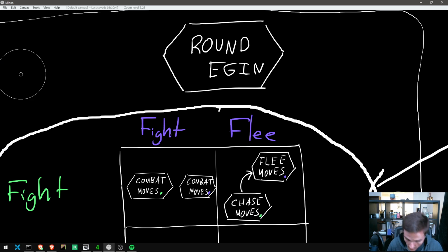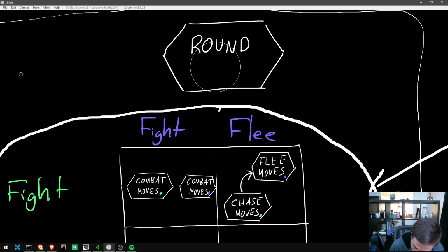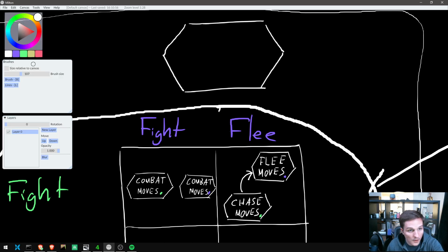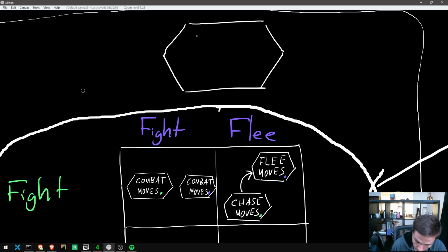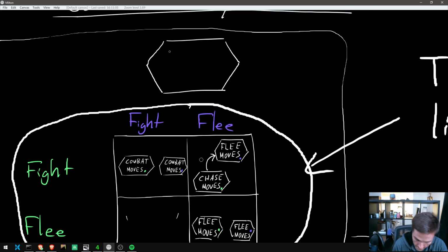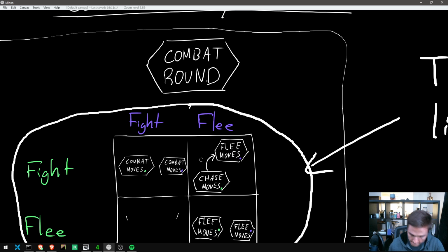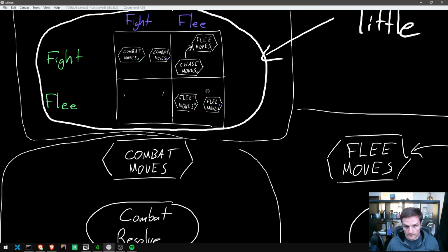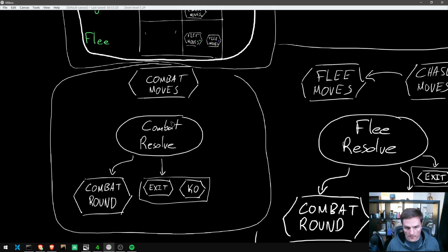And also it needs to be more carefully written. The penmanship is no good on the second word here. Okay, let's see if we can do this. Combat round. It's kind of small now. Combat moves.